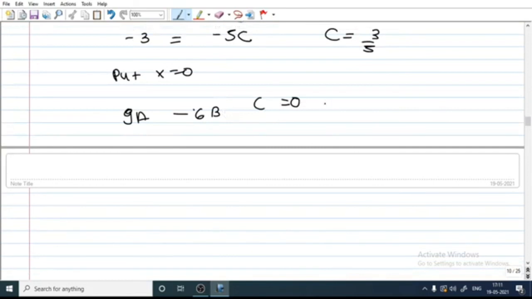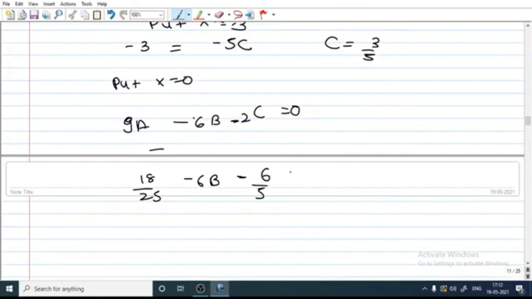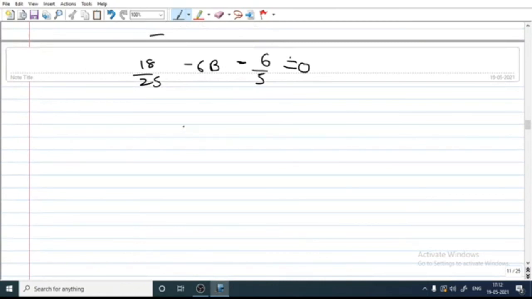Now if you substitute the values, 18A becomes 18 by 25 times 2, and minus 6B will be as it is, minus 2C. Here it will become 6 by 5, equal to 0. So after this, if I simplify, what we are getting is B equals minus 2 by 25. So we got all the terms.